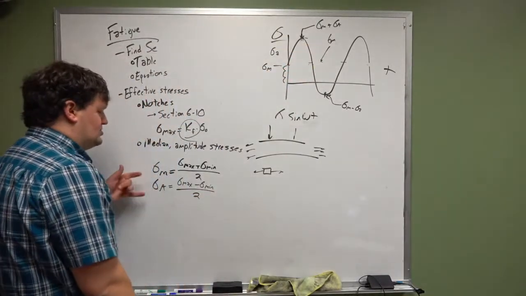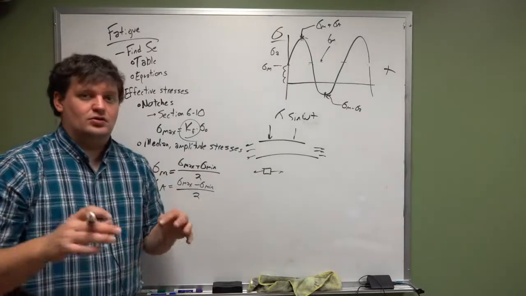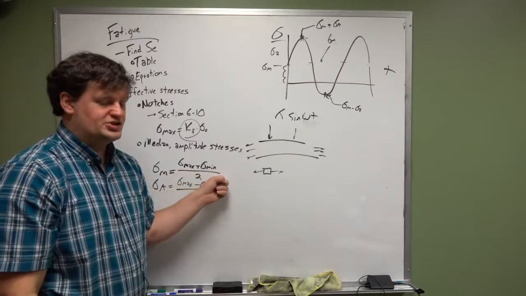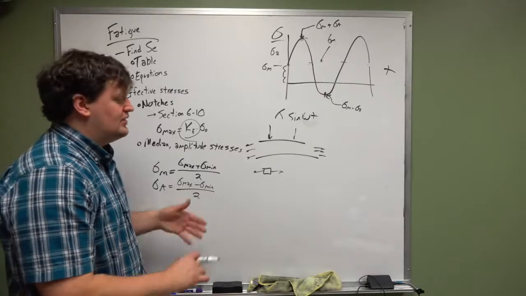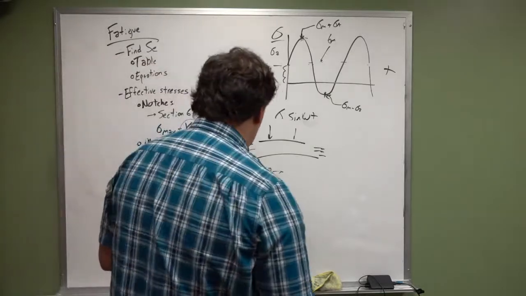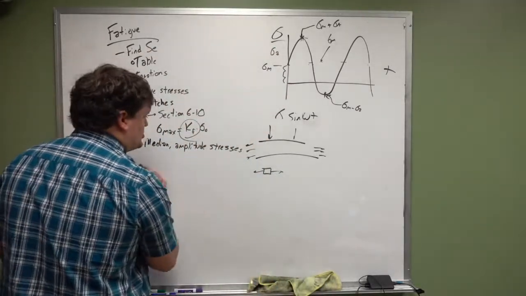Knowing these two values with time for a single stress element, when it reaches its maximum and its minimum, gives you the median and amplitude stresses. These are necessary for figuring out what the failure criteria is. So let me show you the process.